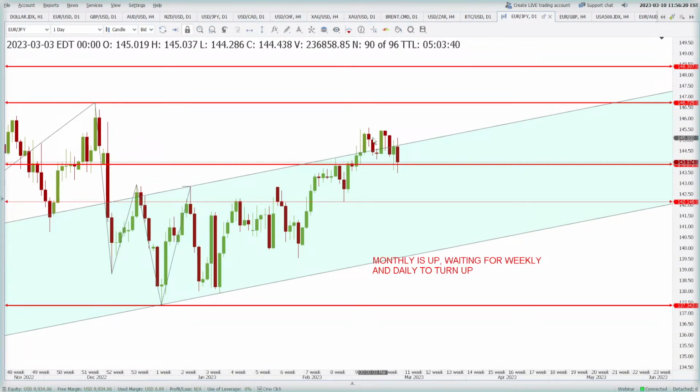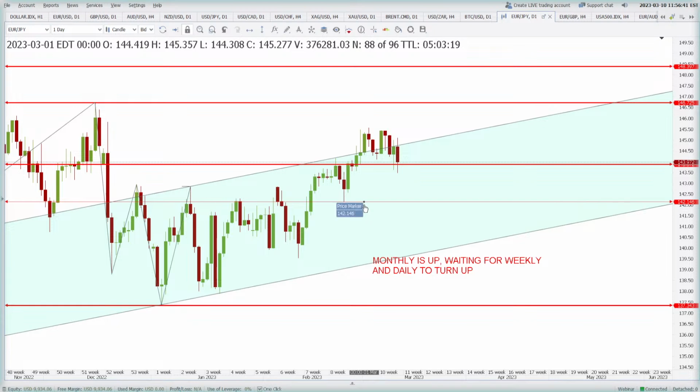The highest high is here. Before making this high, the price made a low here. Actually, this 142.14 is the prominent low, but after this, the market has made a high here, then a low here. So 142.14 is still the swing pivot on the daily.